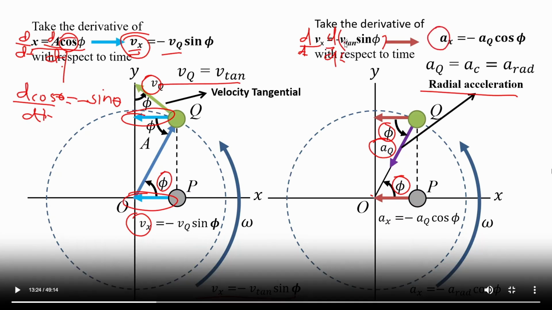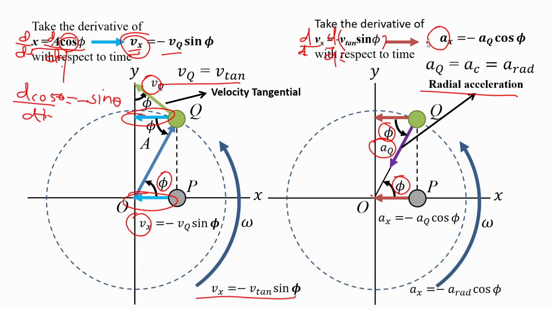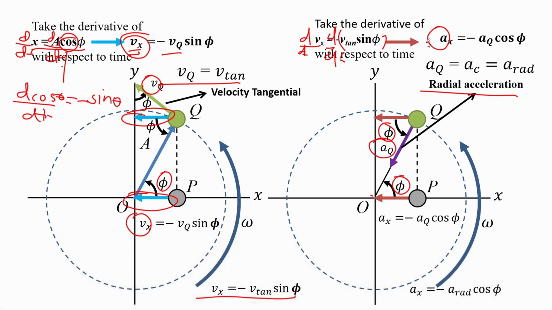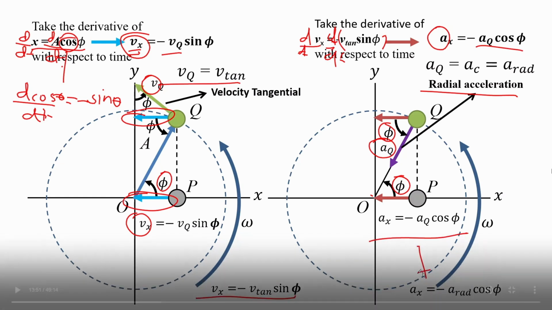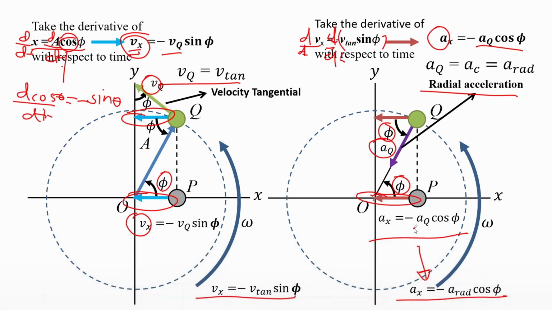The derivative of v tangential over dt gives you a radial. And of course, the derivative of a sine is a cosine. It is negative, so we keep that. So the acceleration ax is equal to negative a radial cosine phi.